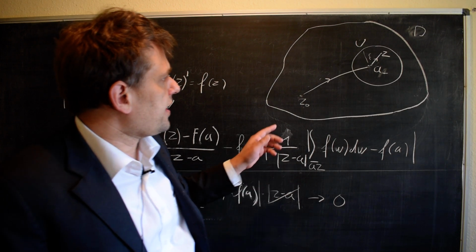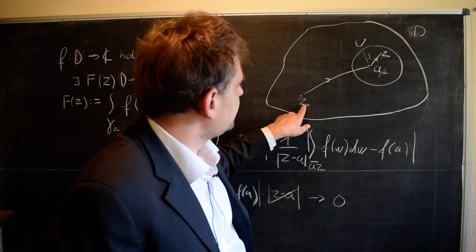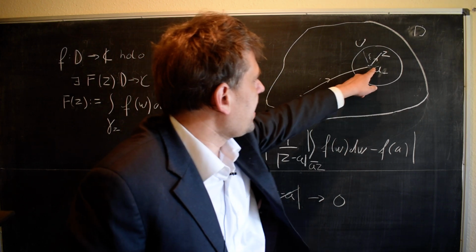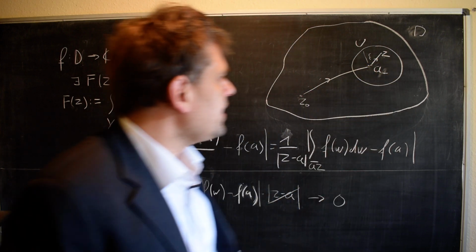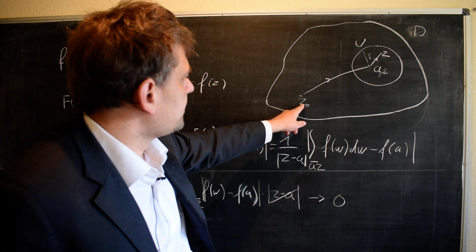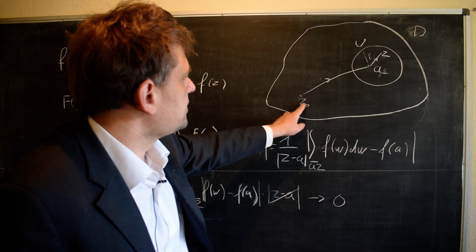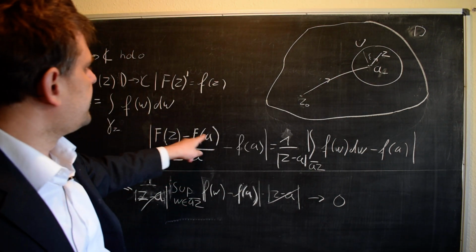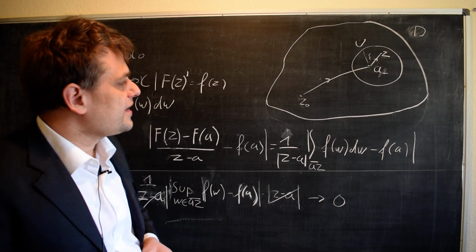So in particular, you can choose the following way, which I have drawn here. You can choose this way, going from z0 to a, and then to z. And of course, going from z0 to a is what we call big F of a.